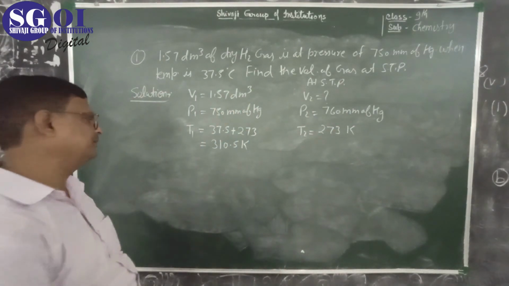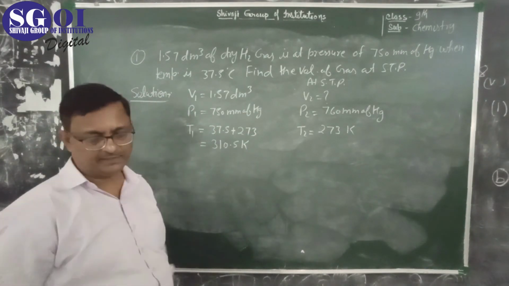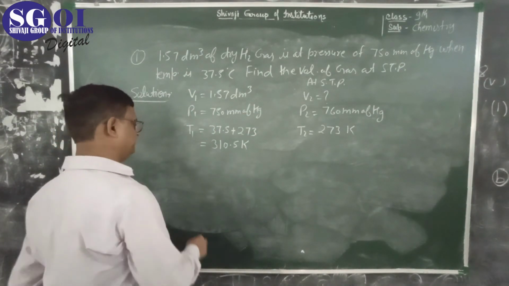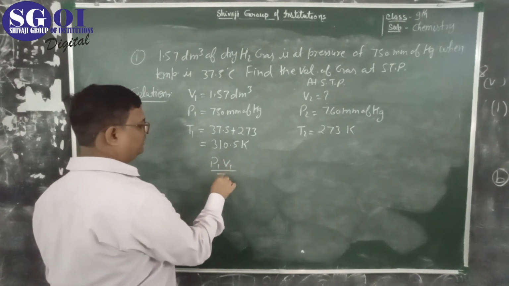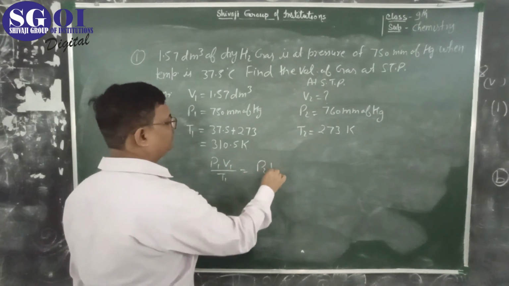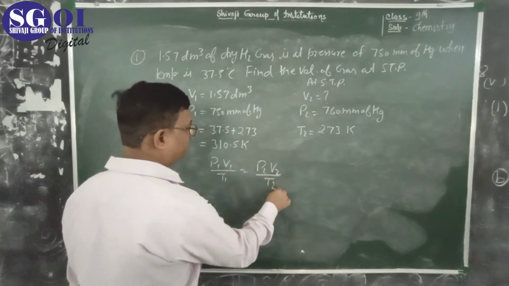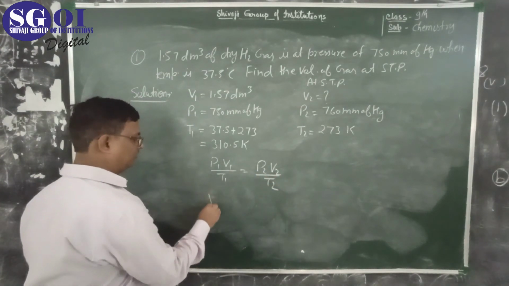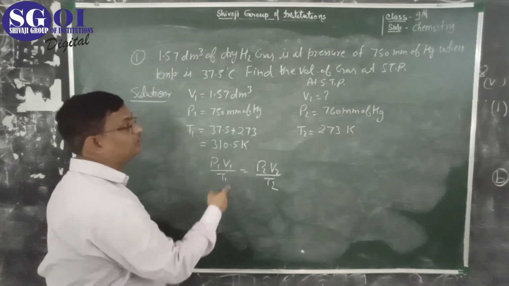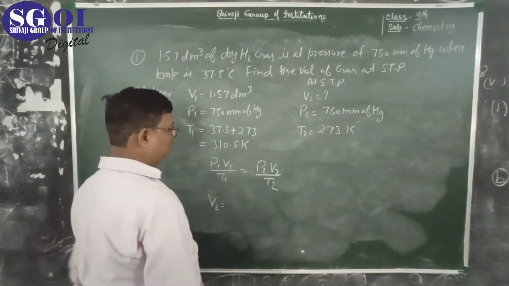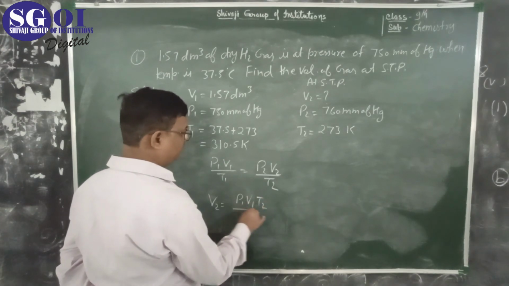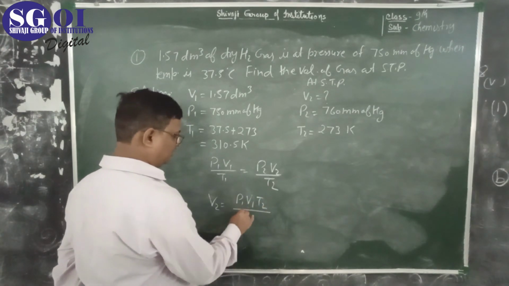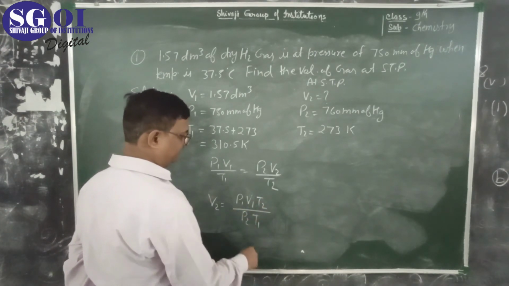Now applying the gas equation: P1 V1 upon T1 equal to P2 V2 upon T2. Now we go for V2, so V2 equals P1 V1 T2 upon P2 T1.